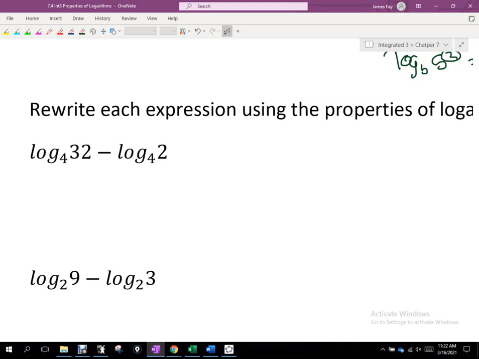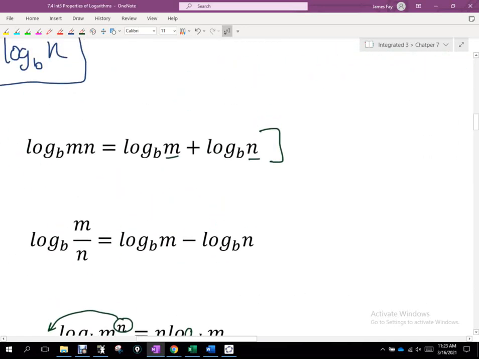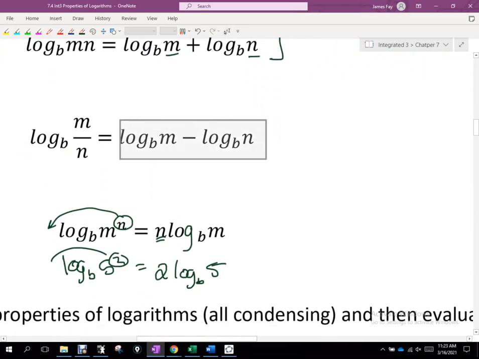So when we look at this one here, what do I do since the bases are the same? It's going to be rewritten as one logarithm with a base of 4. But what do I do with these two numbers because of that sign? What did the rule up here say? If you have subtraction, you turn it into division, right?